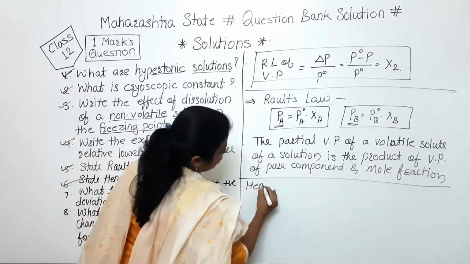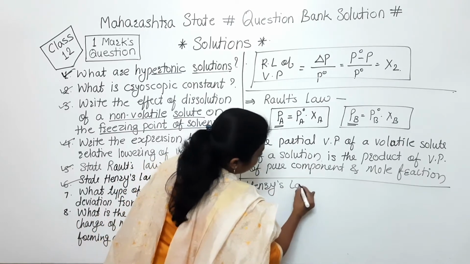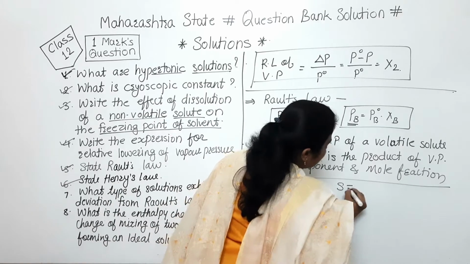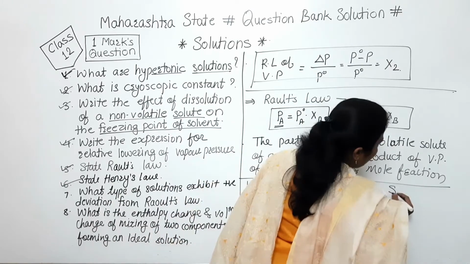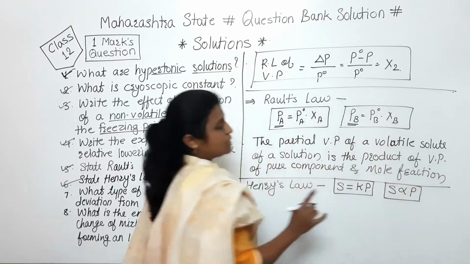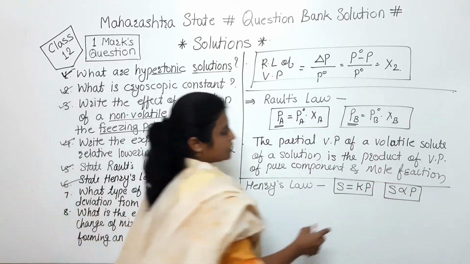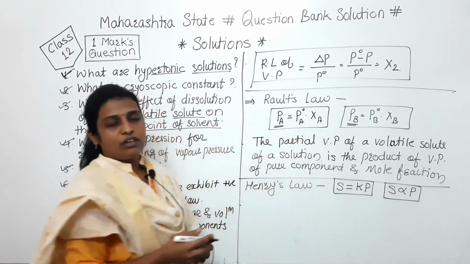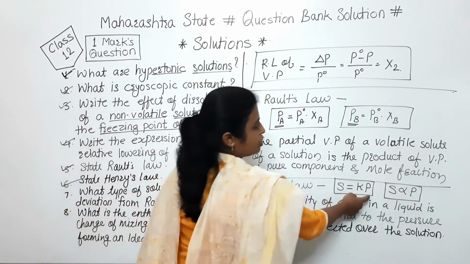What is that Henry's law? यहाँ पे firstly we will write the equation, and that equation is S is equal to Kp. S is directly proportional to P. Now what is that S and what is that P? S is the solubility of gas and P is the partial vapor pressure. So from that equation, how to write the statement?